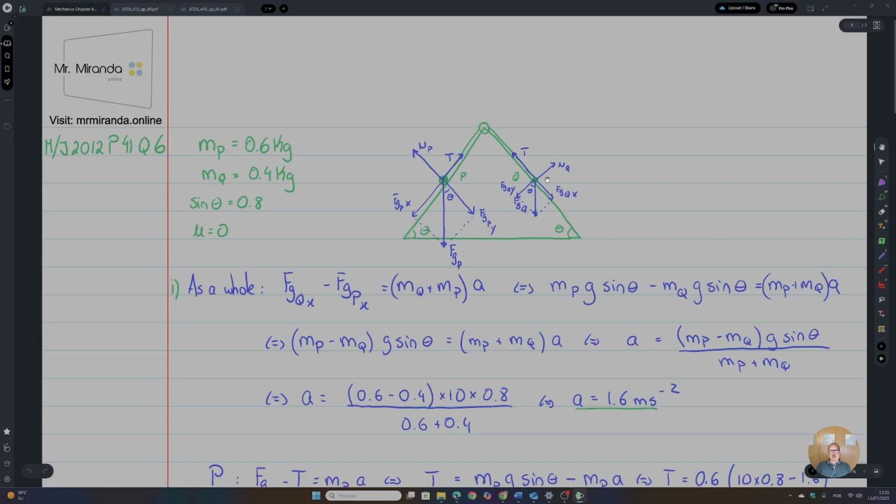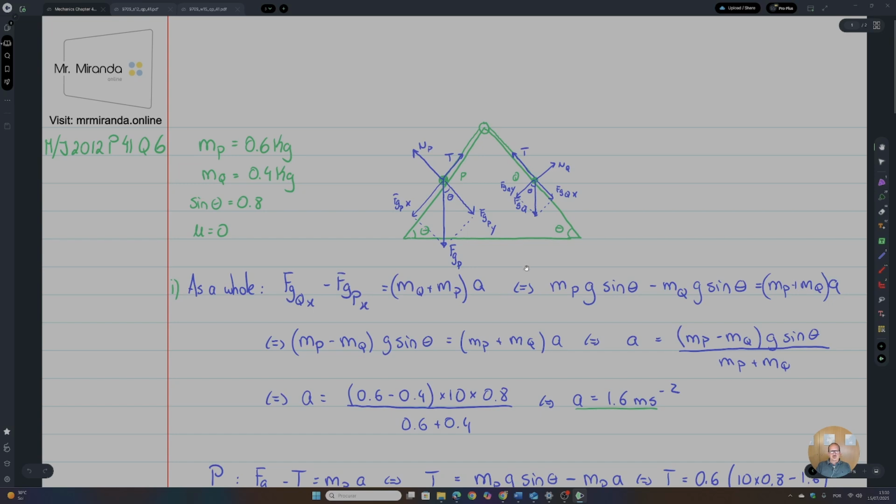Okay? The opposite happens here. Again, perpendicular to the slope, the particle Q is not moving, it's just moving along the slope. But in this case, this particle is going up, so this tension must be bigger than the component of the weight of Q.